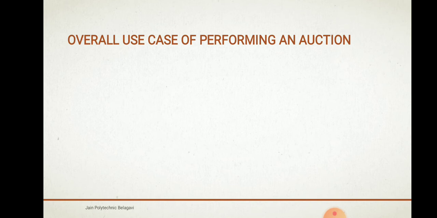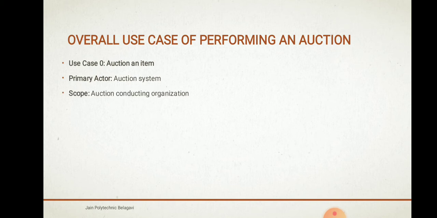Now the overall use case of performing an auction. Suppose use case 0 is named auction an item. Here the primary actor is the auction system, because whatever interaction takes place involves the auction system. The scope will be the auction conducting organization. Precondition: there is no condition that should not be satisfied.